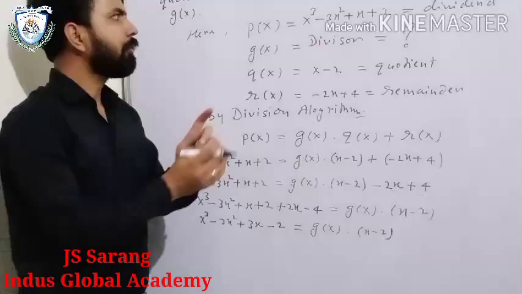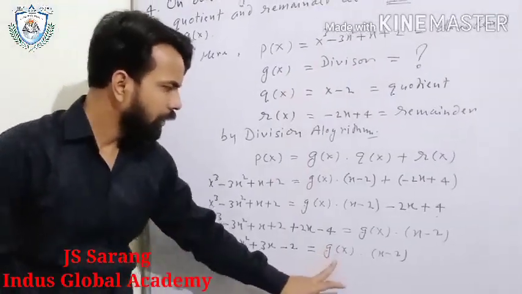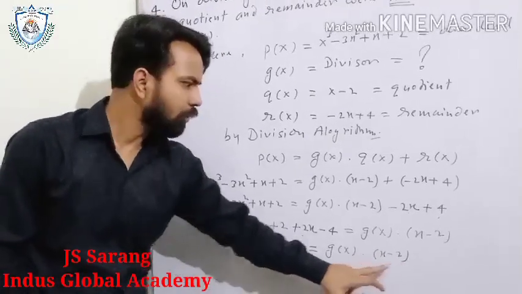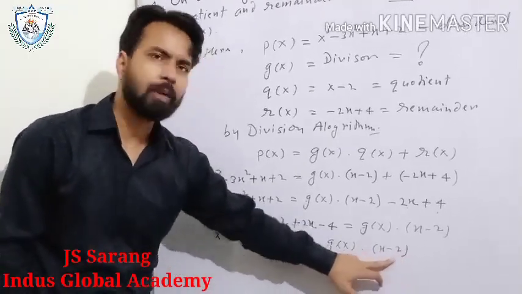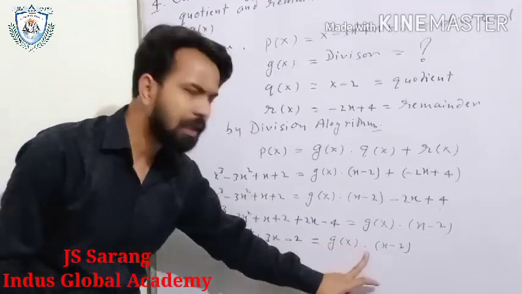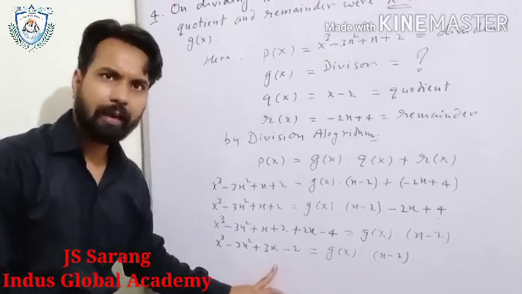But we have to find the value of g(x). So here g(x) and x minus 2 are both in multiplication. If we want to remove this x minus 2 from the right hand side, it will be shifted to the left hand side. If it is in multiplication, it will move into division. Are you getting it?